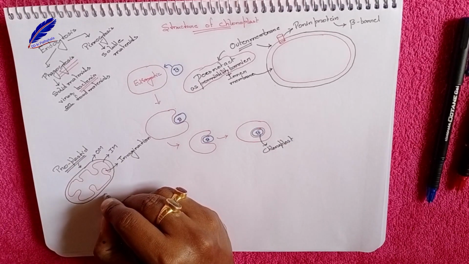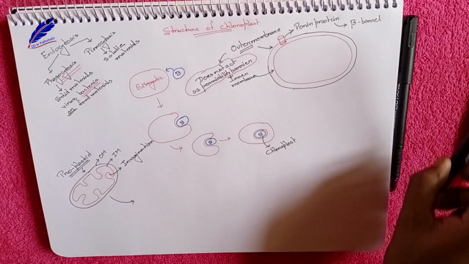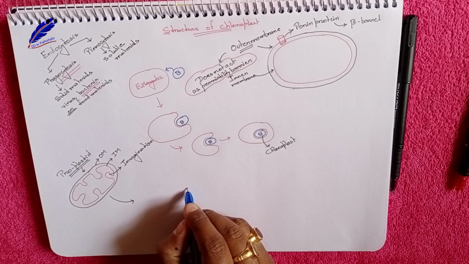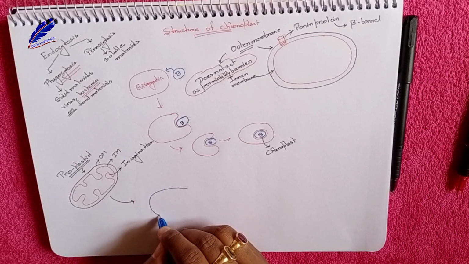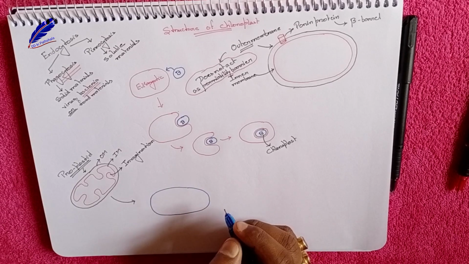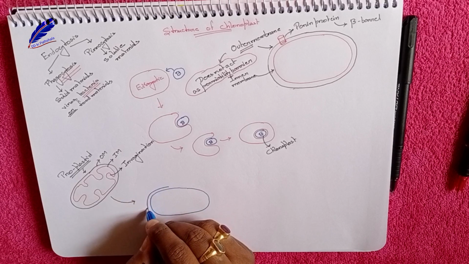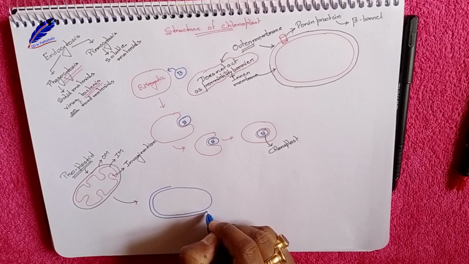Now this proplastid on maturation will get converted into chloroplast. And chloroplast will have two membranes.